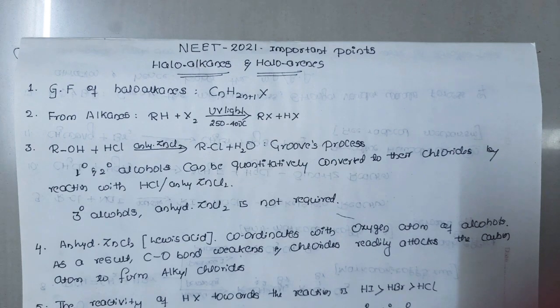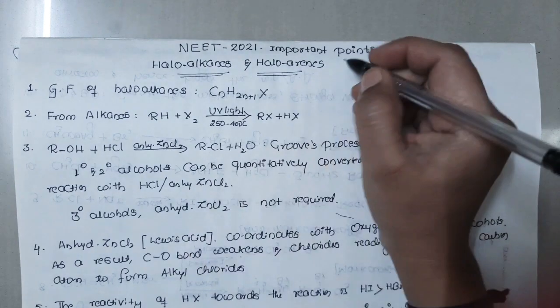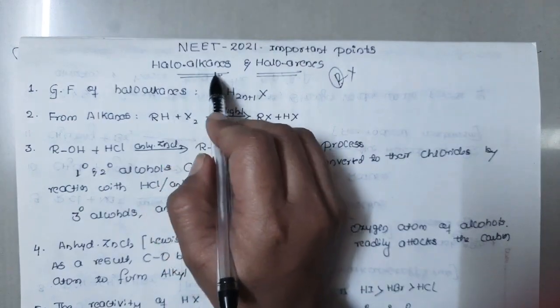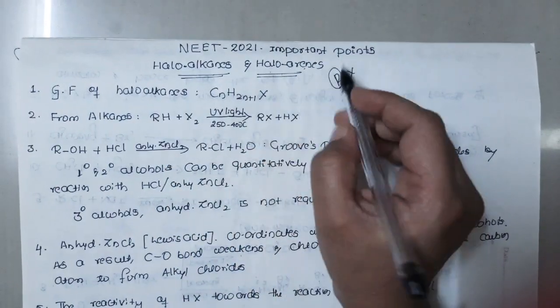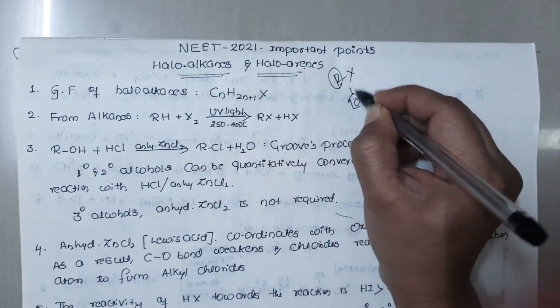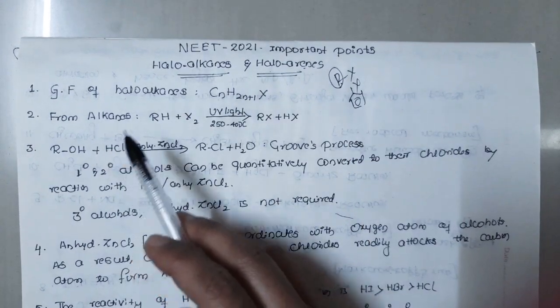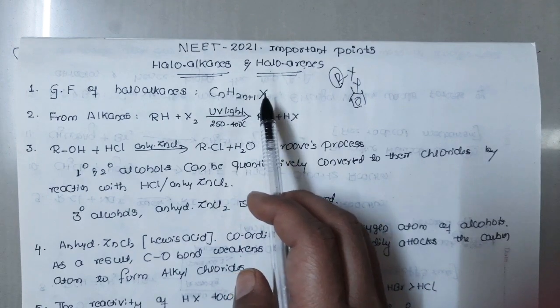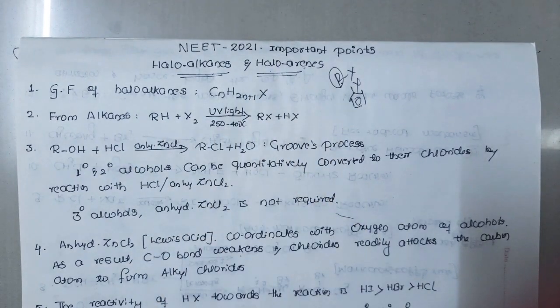The first point, as you all know, is that haloalkanes and haloarenes are represented by the general formula RX. When it comes to haloalkanes, R is a hydrocarbon group, and in haloarenes, R is a benzene ring. The general formula of haloalkanes is CnH2n+1 X. This is the general formula you have to remember.